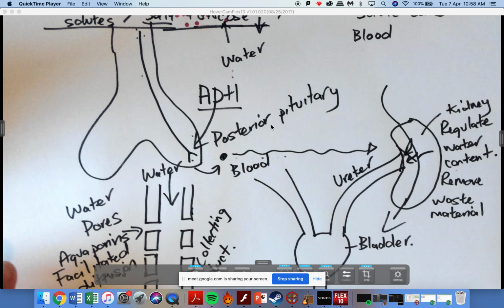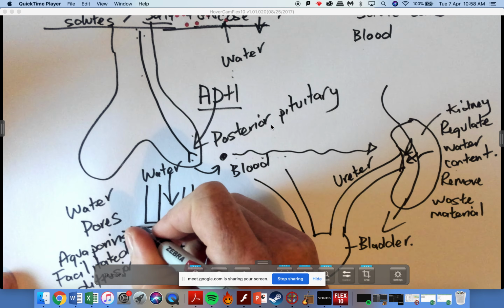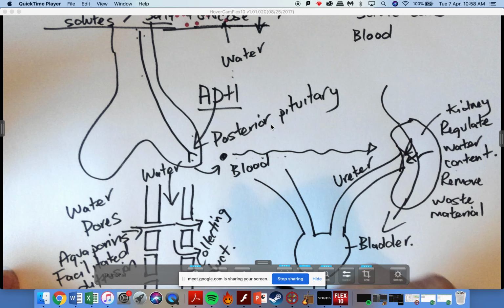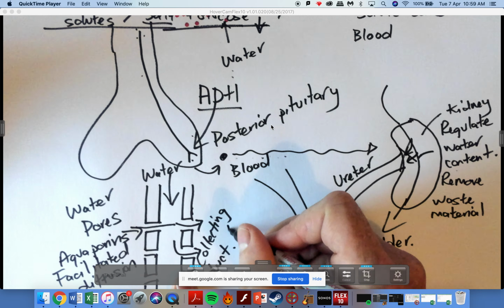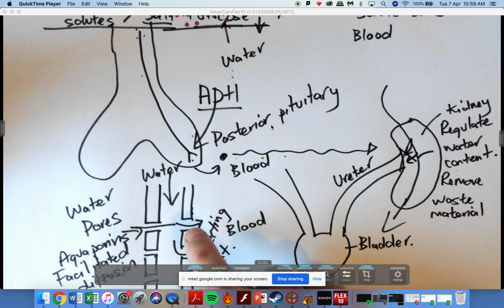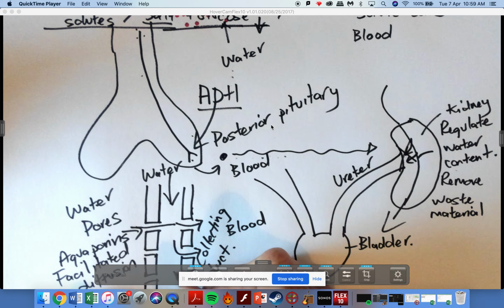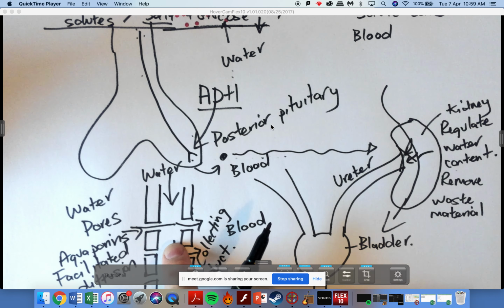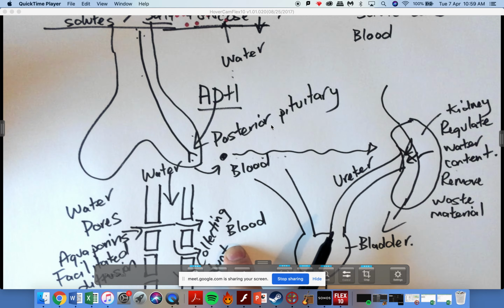Okay, so at the moment I've shown that there are quite a few pores, and in that case water would be absorbed through. So we'd get water leaving the collecting duct and going back into the blood. If there are lots of pores there, then that's a good thing. In terms of retaining water, we're going to absorb lots of water back into the blood.